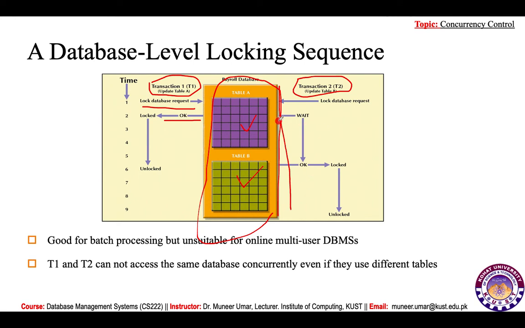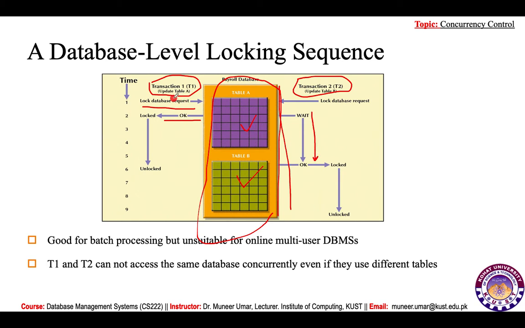At the same time, once this database has been locked, T2 also requests for lock. But since it has been locked, so the T2 must wait until this lock has been released. So T2 will wait for this database to be unlocked.